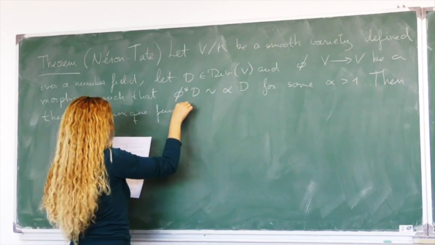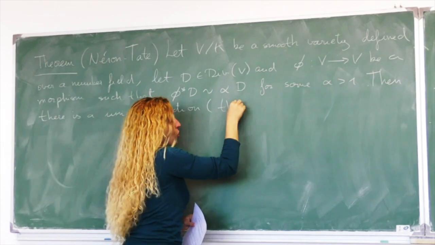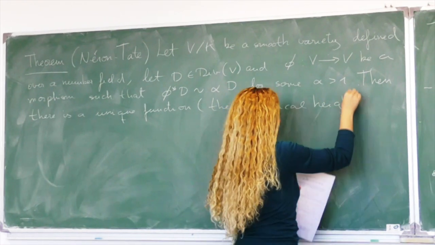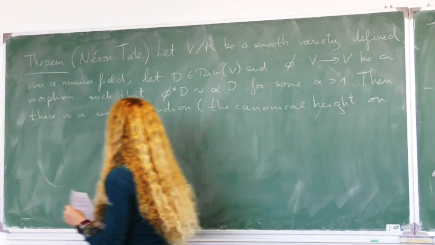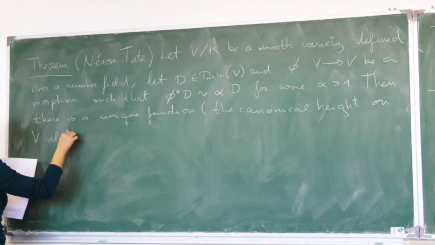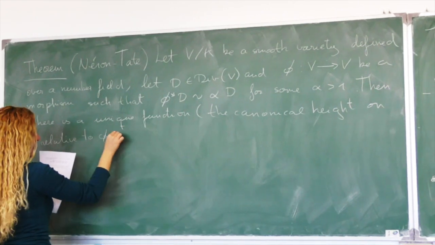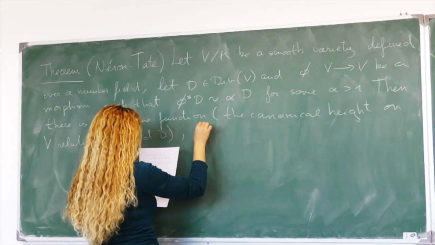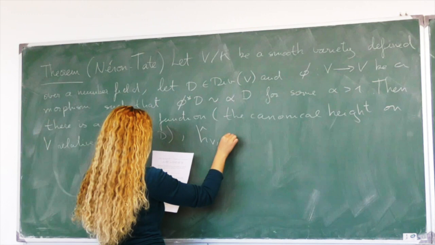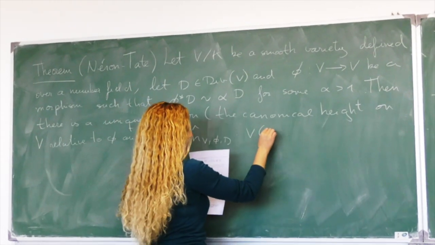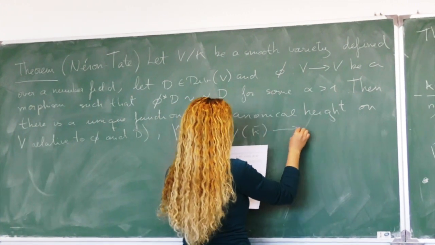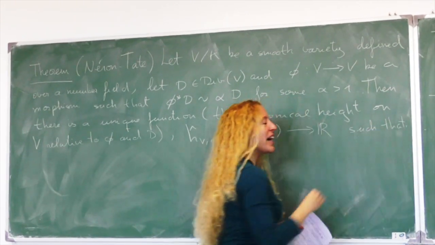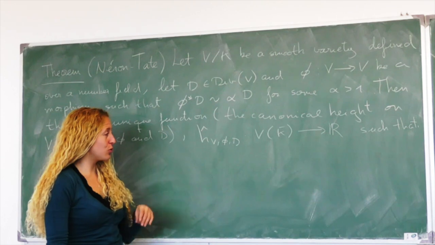function that is called the canonical height on B, of course, relative to phi and D, that we call h hat, and that goes from the points on the variety to R, such that, so I know that the notation starts to be complicated.